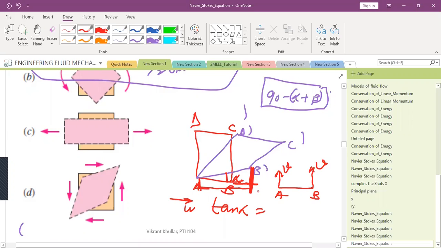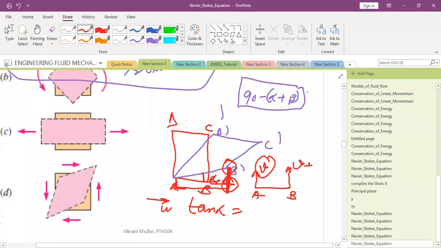No. If instead of being here, it has moved up, what does that tell you? That if V is here, what should be velocity at B in vertical direction? It should be different from V. It should be V plus curly V by curly X into dx.